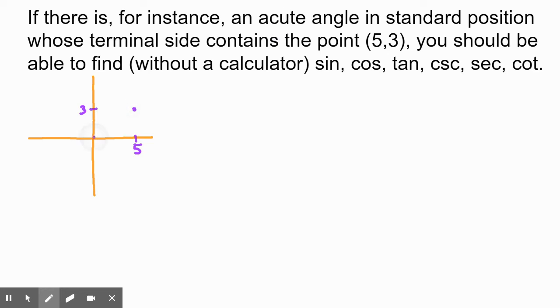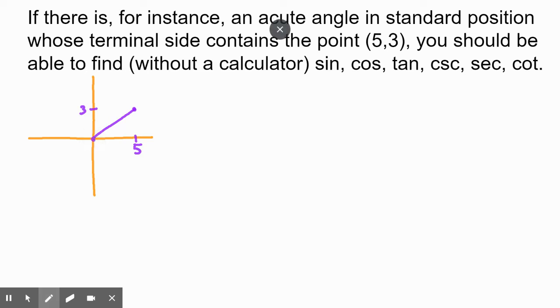And so that is an acute angle in standard position whose terminal side, well, I probably ought to erase this. It's not actually going to make any difference in what we do. But so that's an acute angle. It's in standard position, so it starts in the center.